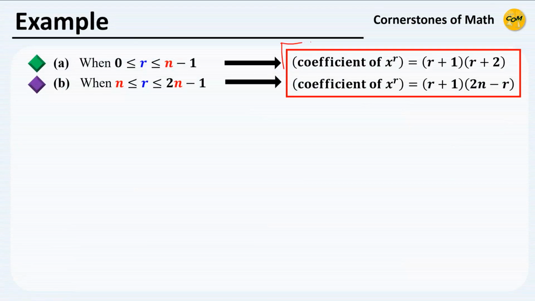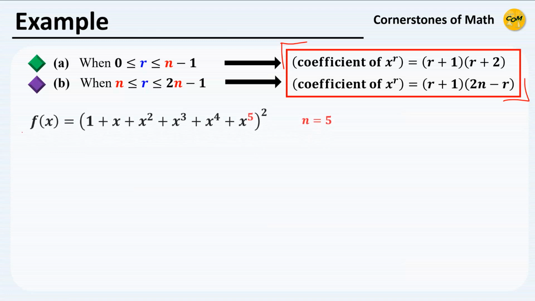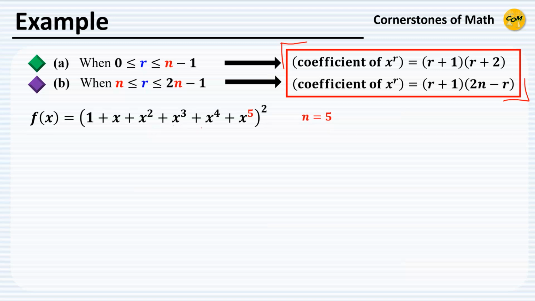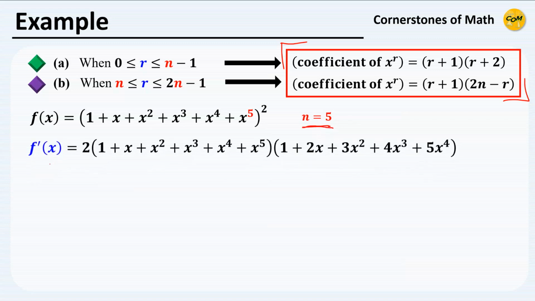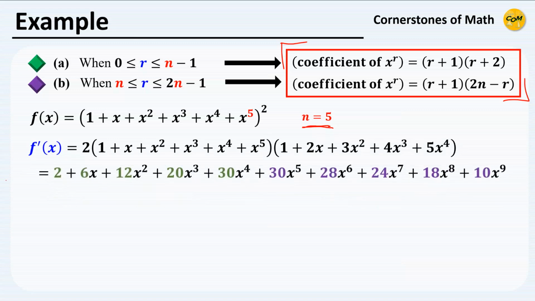So now that we have obtained these results, let us take a look at the example where f(x) is given as (1 plus x plus x squared plus x cubed plus x to the 4th power) squared, so n equals 5. Here, the derivative is given like this, and if we expand, we obtain this polynomial expression.